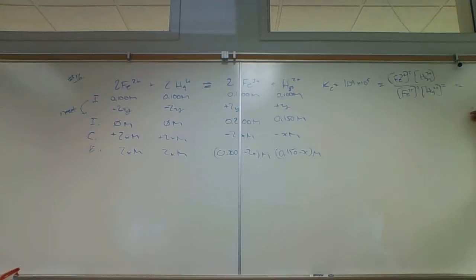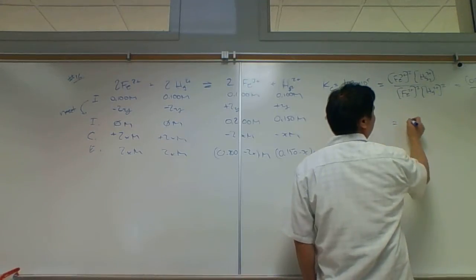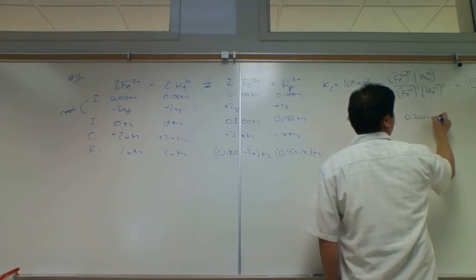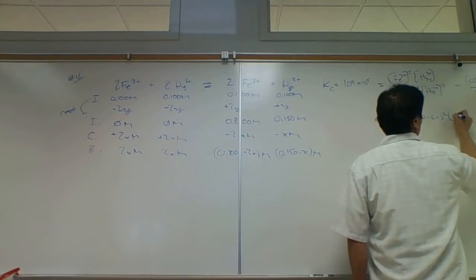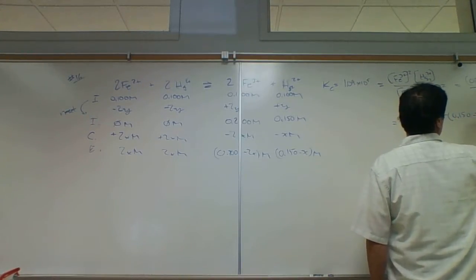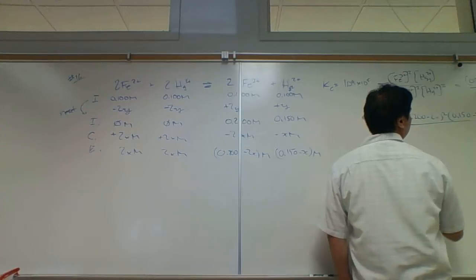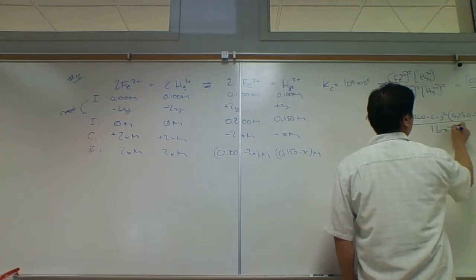And so the iron 3 here is 0.200 minus 2x squared, 0.150 minus x divided by 2x squared, 2x squared. This we could simplify a little bit: 0.200 minus 2x squared, 0.150 minus x over 4 times 4 would be 16x to the 4th.